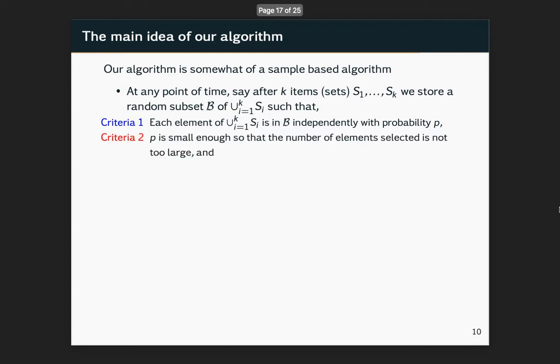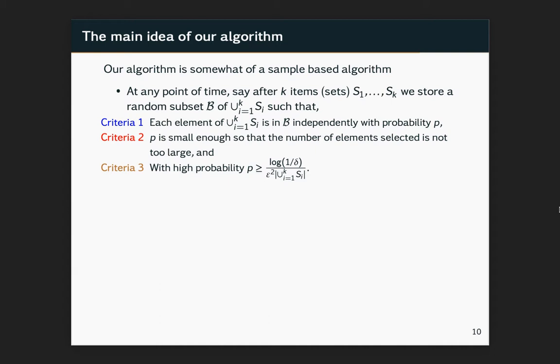The second criterion is that this probability P should be small enough so that the size of the set B is not too large, and hence we don't incur a lot of space complexity. And thirdly, we want P to not be too small. In fact, it should be at least as big as 1 by the size of the union.